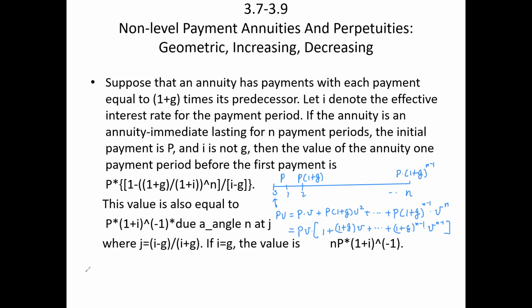And the formula is like this: 1 plus R plus dot dot dot plus R to the n minus 1. The formula is 1 minus R to the n divided by 1 minus R. You have a 1 more than that, okay?